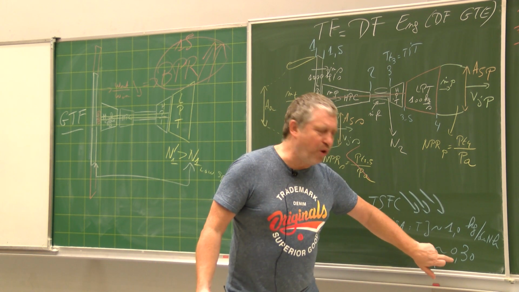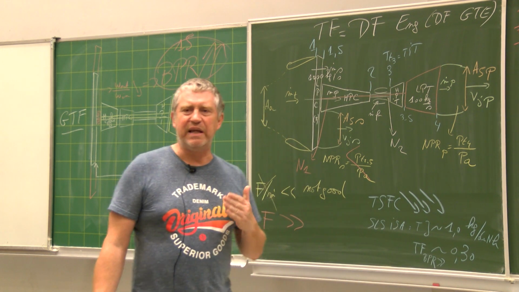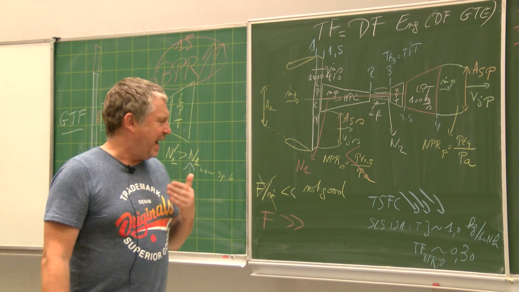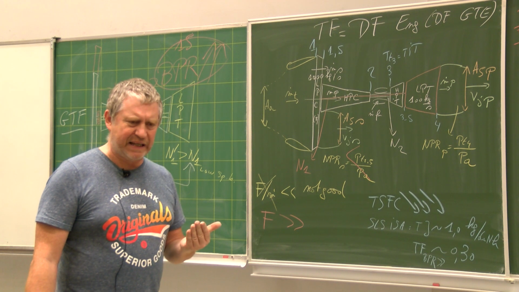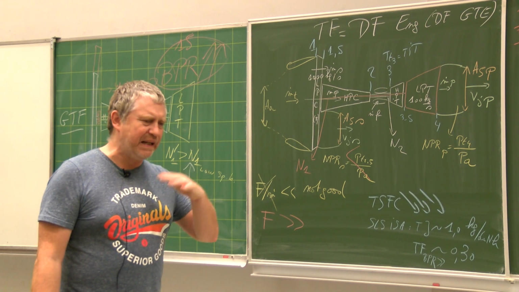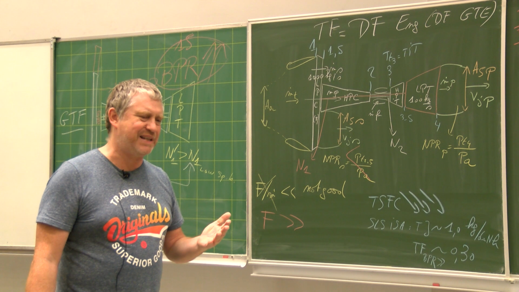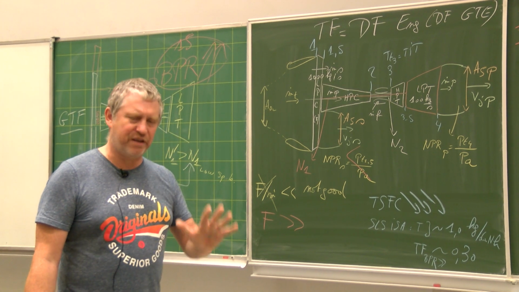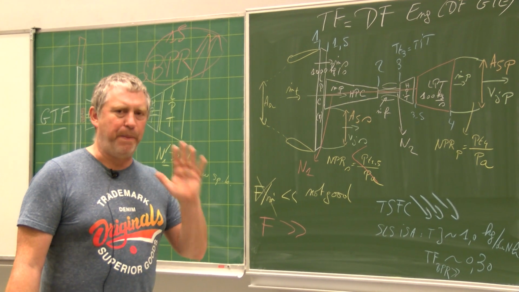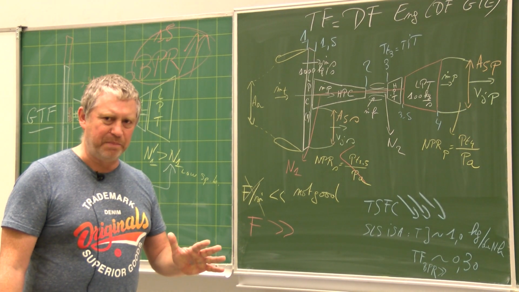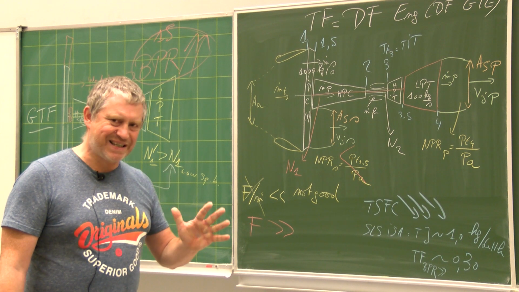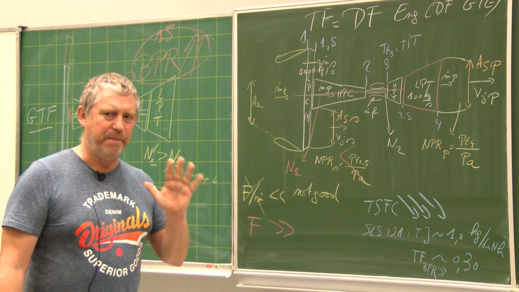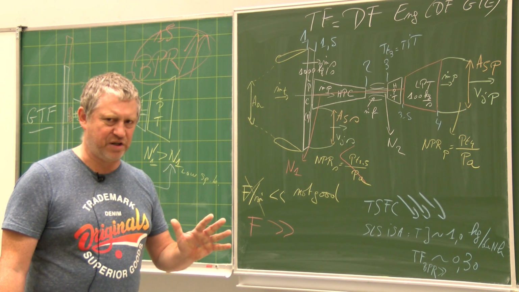So we are now going lower than 0.3 kilo per decanewton hour, and 0.3 kilo per decanewton hour, in order to speak in terms that everybody can understand, this is corresponding with less than 3 liters of fuel per passenger per 100 kilometers.